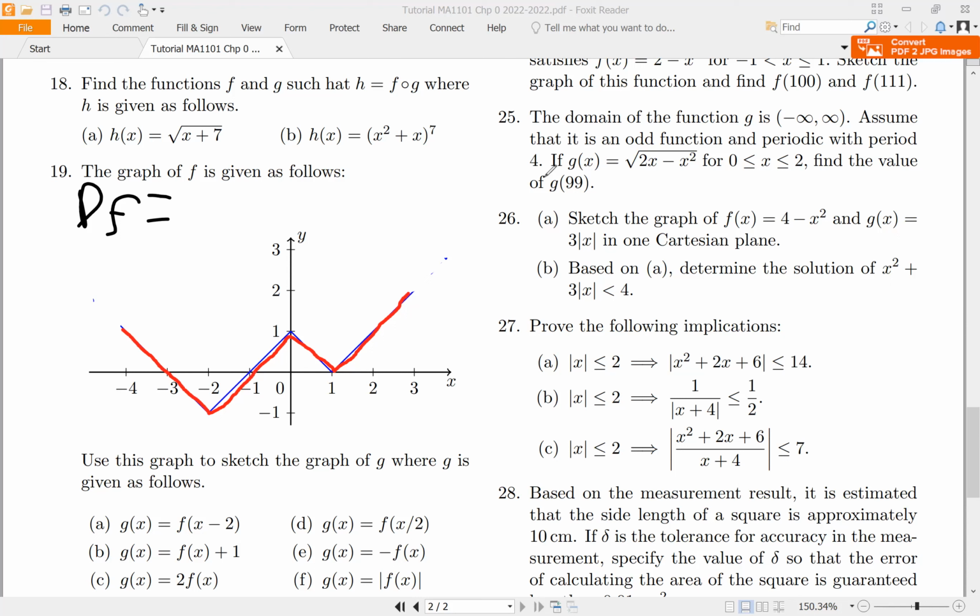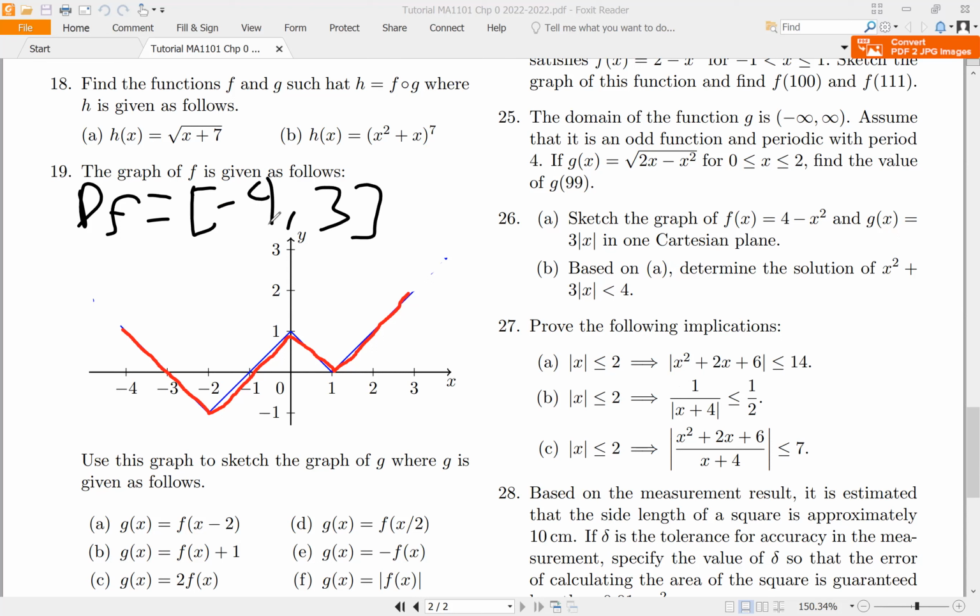Gulam, what is the domain of f? Or anyone? What is the domain of f in this case? Based on the graph, it's from -4 to 3. Okay, so the domain of f is the closed interval -4 until 3, right?